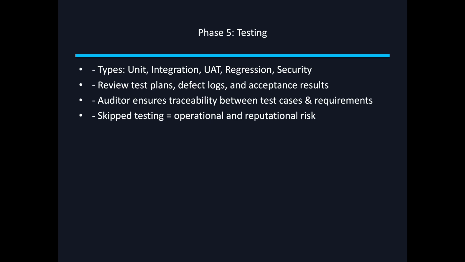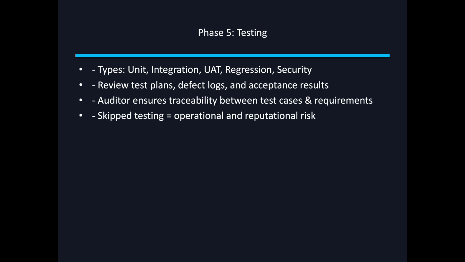Then comes user acceptance testing. In this testing, as an auditor, you need to make sure that the system meets the business needs. Then within regression testing, does the new code break the old functionality? Let's say we implemented something new, but after that implementation, the old functionality of the application is not working.